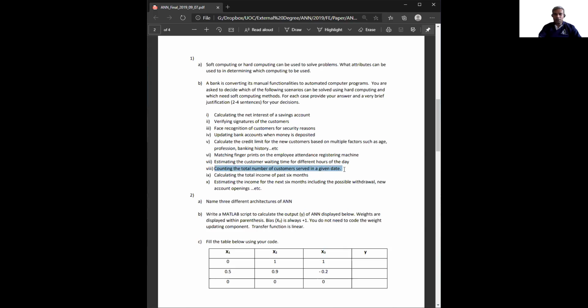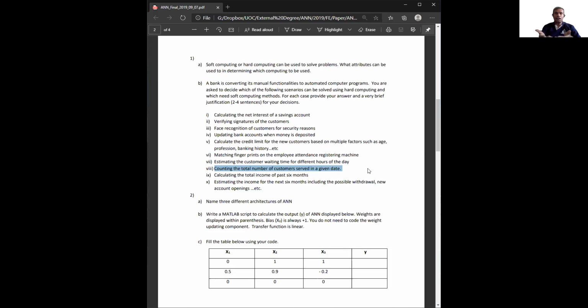Counting the total number of customers served in a given day. Instead of counting, let's say, the number of people who interact with the bank on that given day.